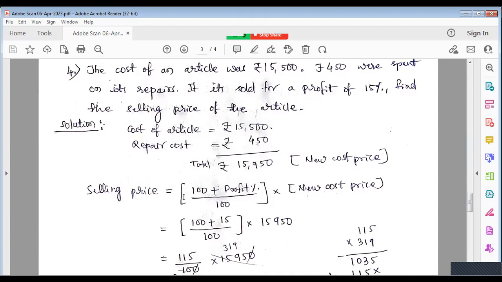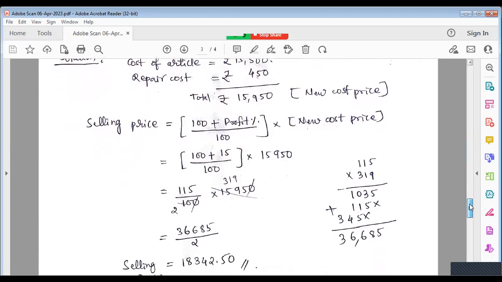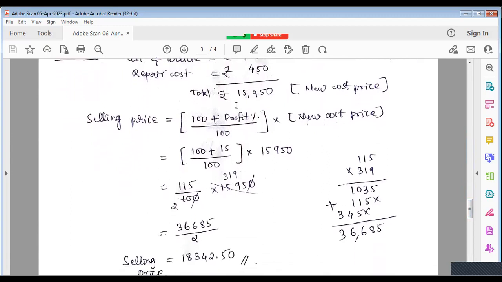Next, the selling price is equal to (100 plus profit percent) divided by 100 into the new cost price. And here profit is 15%. So (100 plus 15) divided by 100 into 15,950, which is the new cost price. This is 115 divided by 100 into 15,950, and the 10s you can cancel here, and here it goes by 2, so you have to cancel.